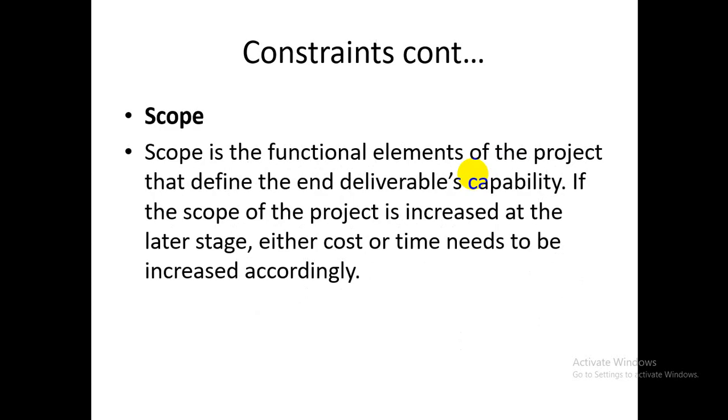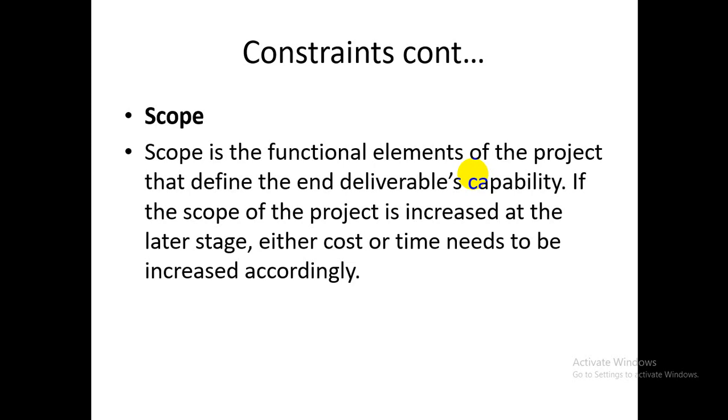Then we have the scope. Scope, we have talked about it, and here we are saying it is the functional element of the project that defines the end deliverables, the output, not the outcome. Okay, it might be the outcome or the output. So it determines the output.